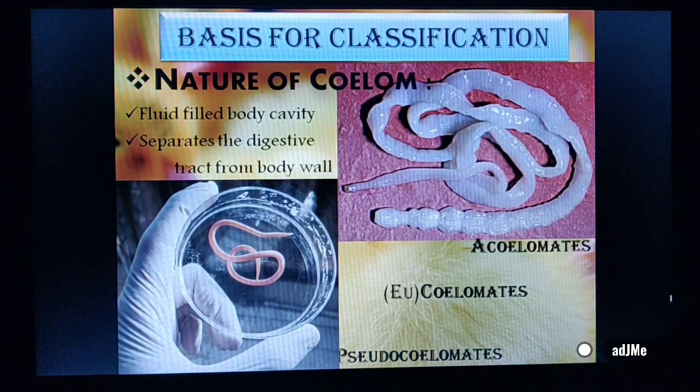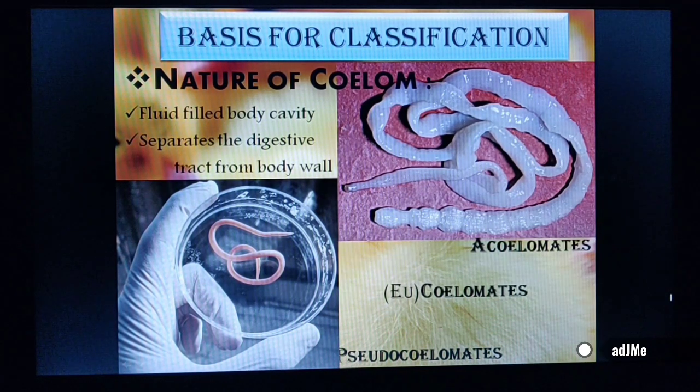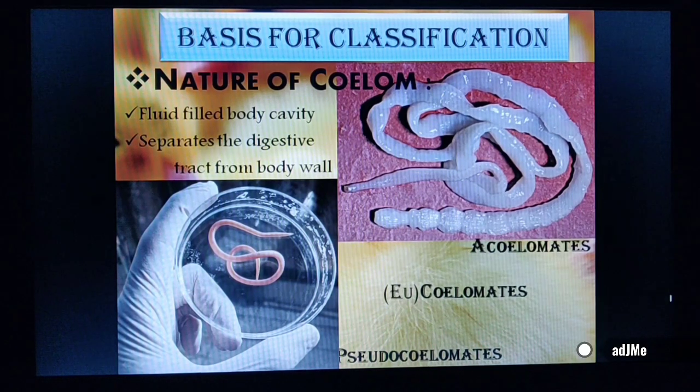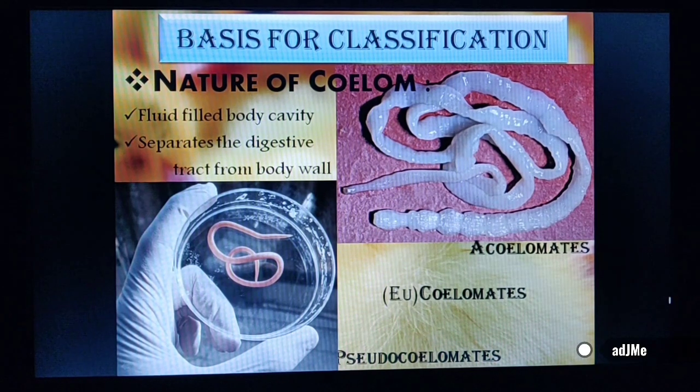Secondly, on this screen we have in the third position pseudocoelomates. What is pseudocoelomates? Pseudo means false. For example, in amoeba we learn pseudopodia, and we have a bacteria named Pseudomonas, where the P is silent, so the spelling is pseudo.